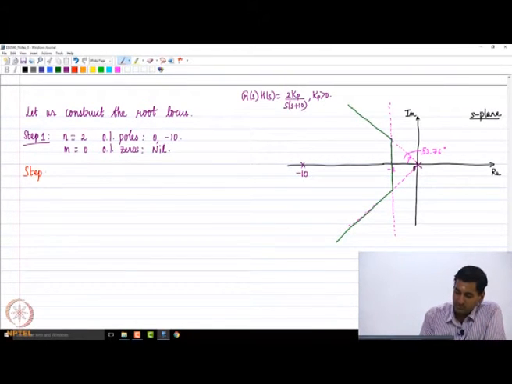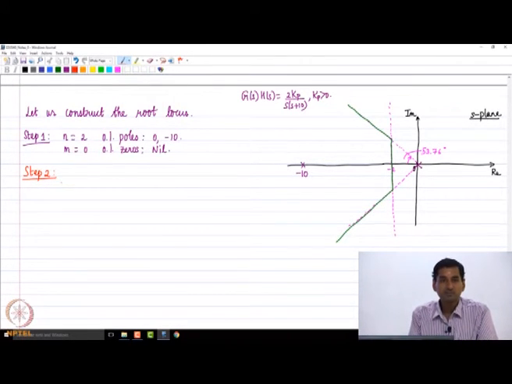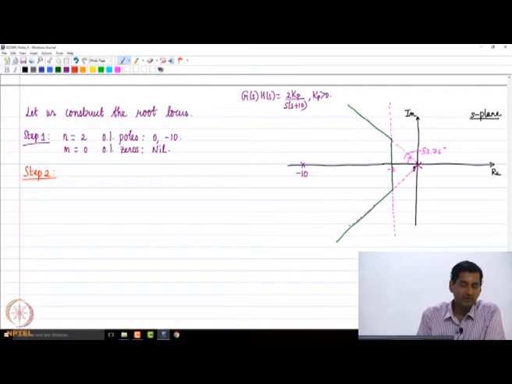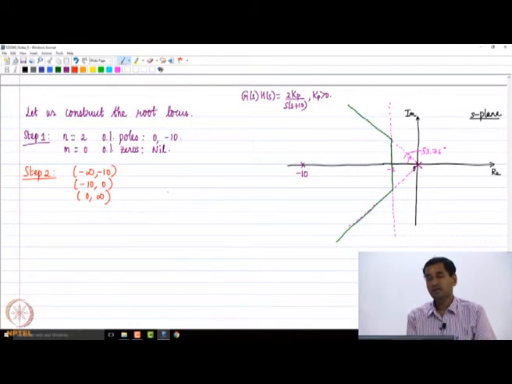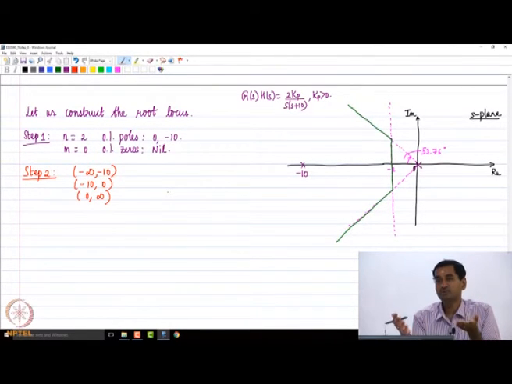Step 2 is to determine the regions of the real axis that lie on the root locus. For that, let us look at the real axis. We can immediately see that the real axis is divided into 3 regions, minus infinity to minus 10, minus 10 to 0 and 0 to infinity, right.